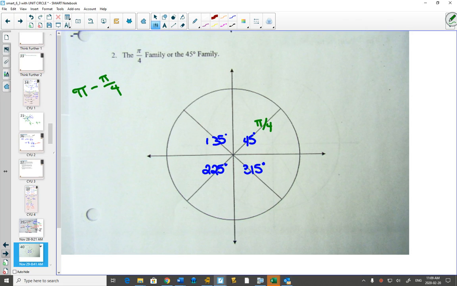And you're going to have to ask yourself, how do I subtract fractions? What do I need to subtract fractions? I need a common denominator. How do I get a common denominator between pi and pi over 4? Well, I would make this over 1, so I'd make it 4 pi over 4 minus 1 pi over 4. Does it make sense that this angle will be 3 pi over 4?